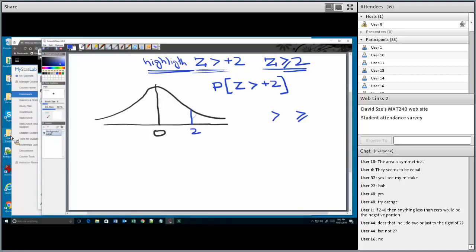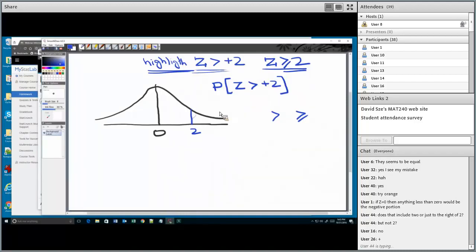Sarah, you have the correct answer, but that is correct only for discrete distributions. I forgot to mention that the normal distribution is a continuous distribution. When you have continuous distributions, then greater than or equal to and greater than mean the same thing. So when I say greater than plus 2, I am also implying greater than or equal to plus 2, which means 2 is always included. Okay?